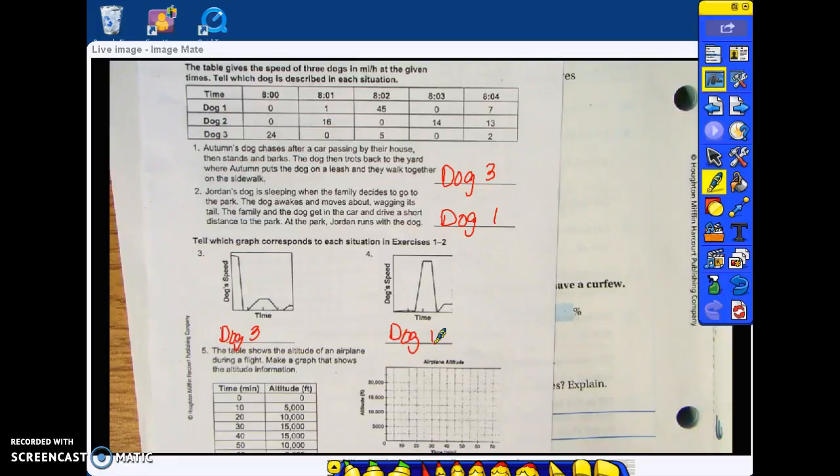Number 5. The table shows the altitude of an airplane during a flight. Make a graph that shows the information. So we're graphing these.